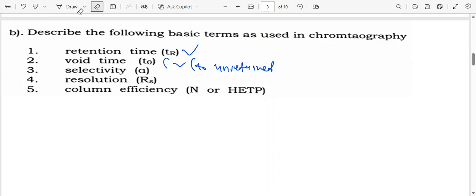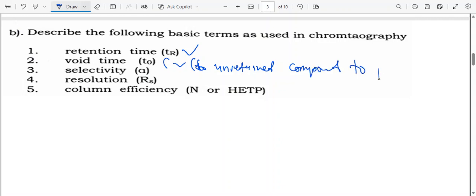So a void time is the time taken by an unretained compound to pass through the column.